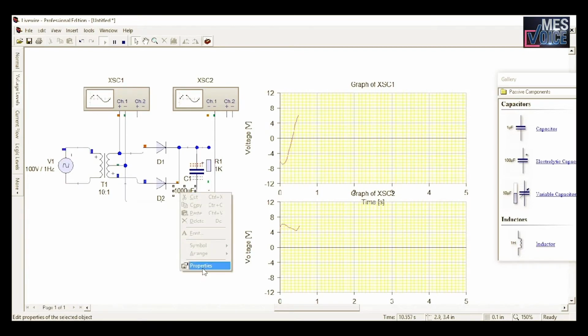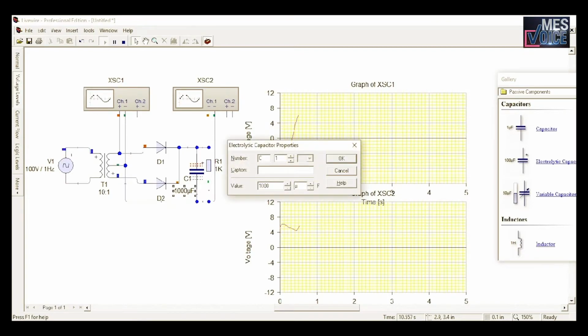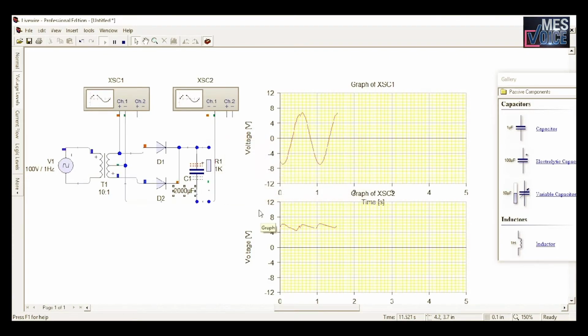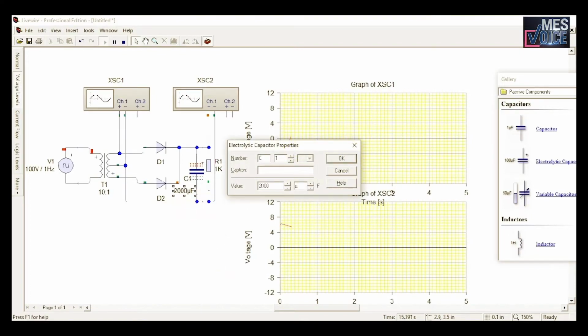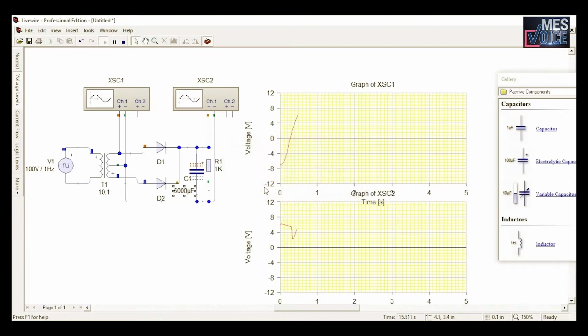Again we are increasing the capacitor value to 2000 microfarad, then the ripple will be less compared to the previous stage. Again we are increasing the capacitor value to 5000 microfarad. Now we are going for the simulation, and we can see the output waveform is a low rippled DC voltage, just like a straight line.